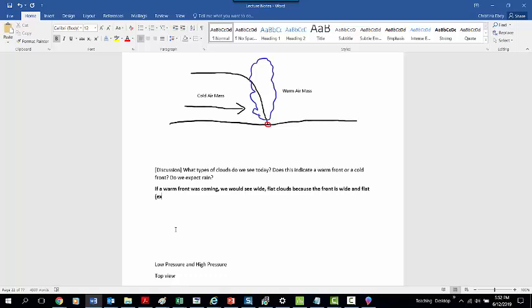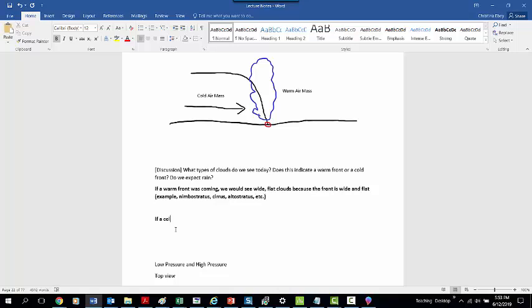So for example, nimbostratus, cirrus, altostratus, etc.